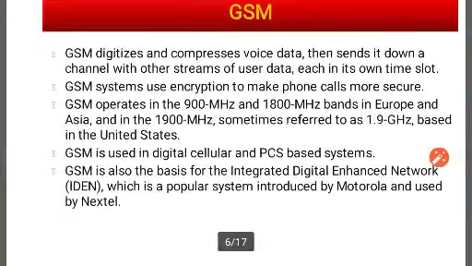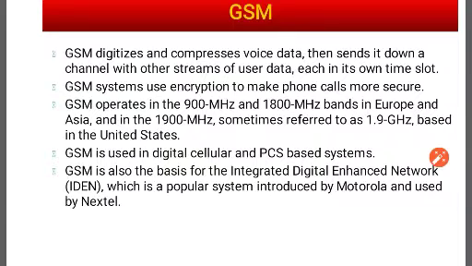Now let us understand how GSM works. It first digitizes and compresses the voice data and then sends it through a channel with other streams of user data in a particular time slot. GSM systems use encryption to make phone calls more secure.